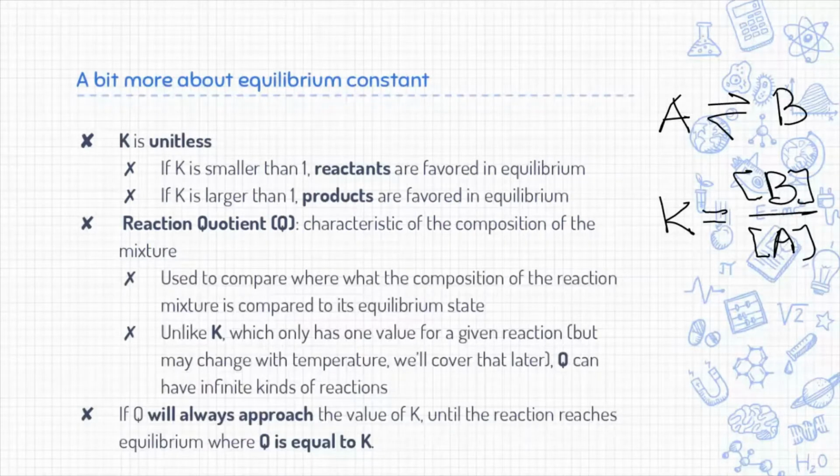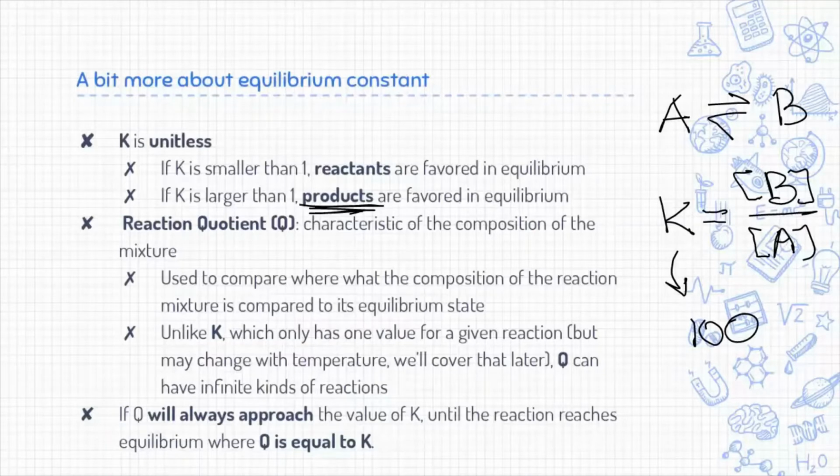Now, if this equilibrium constant, let's say, is 100, then we can see that there is 100 times more B than there is A, meaning there's 100 times more products than there are reactants. Now, this is sort of a simple case scenario.